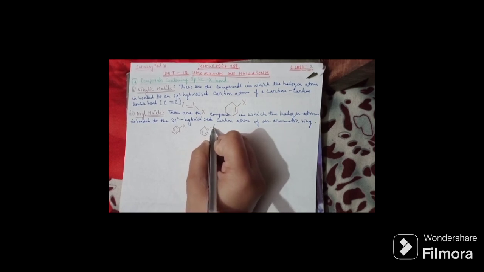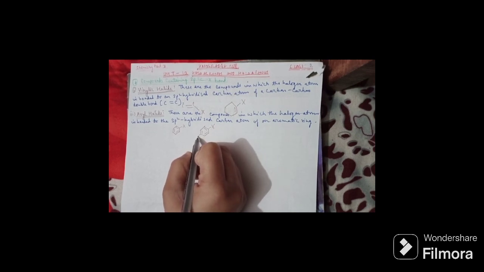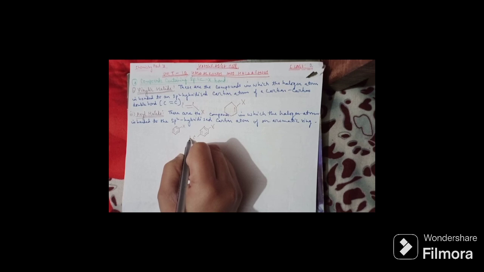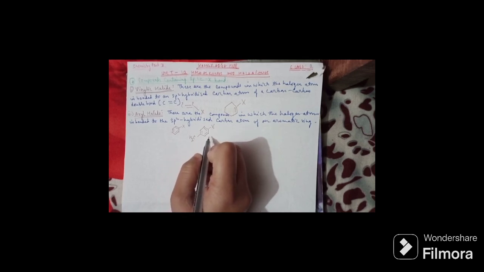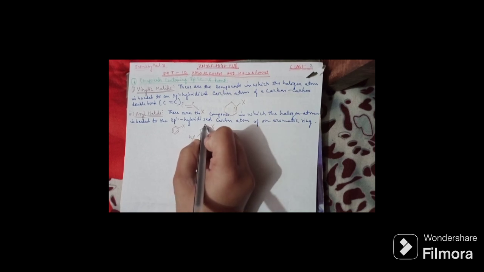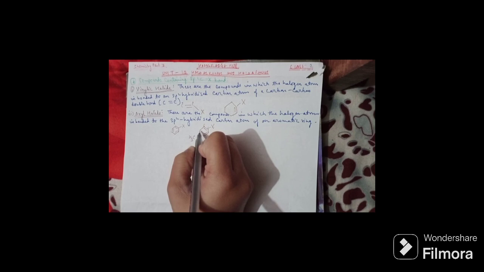This is X, this is CH3. Here we have carbon in the ring, and that's the reason these are known as aryl halides.